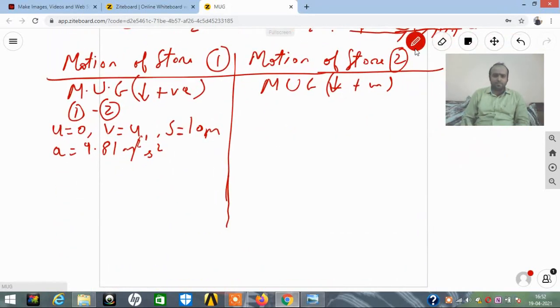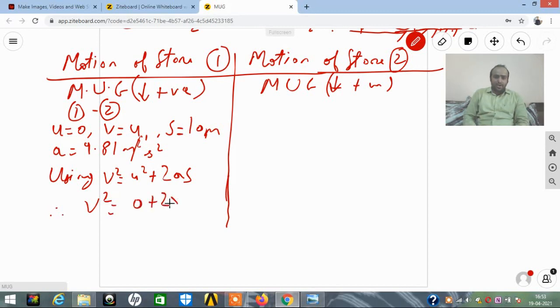Over here, which kinematical equation should I use so that I can get v? We will definitely use v square is equal to u square plus 2as so that I can get u1. Therefore, v square is equal to 0 plus 2 into 9.81 into 10.